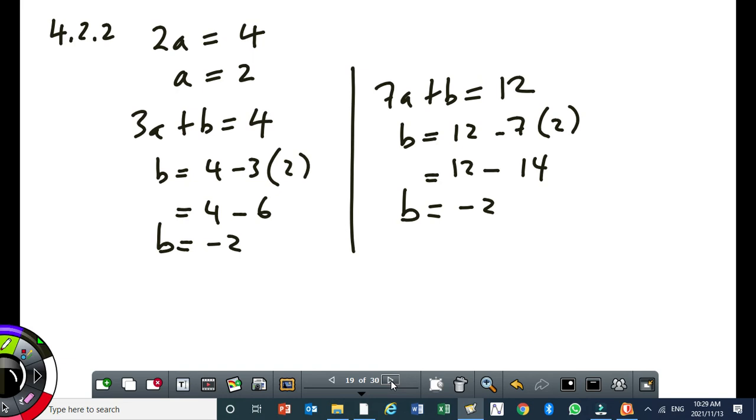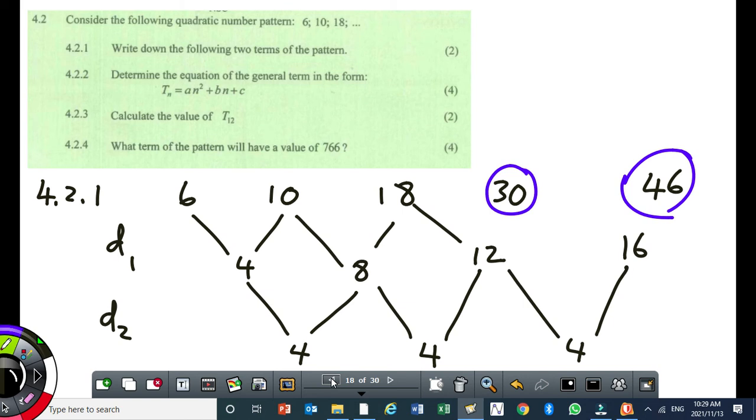Alright, let's carry on. So we found b. Then c with the T1 is equal to a plus b plus c. T1 means the first term of the original quadratic pattern. And that first term is 6.